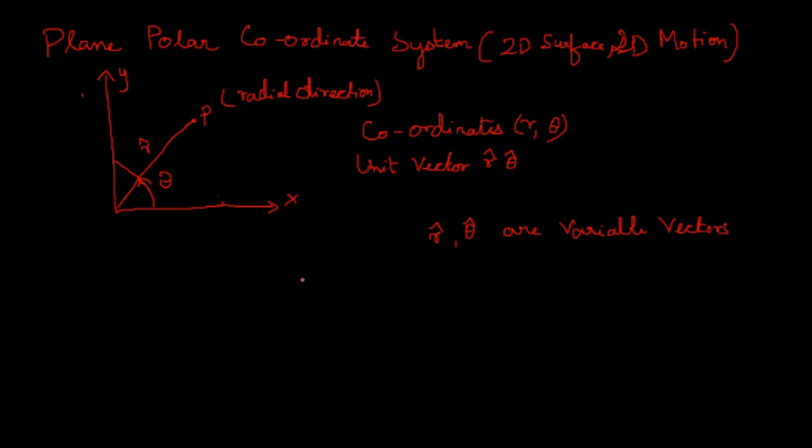So let us see how the acceleration and velocity terms in plane polar coordinates are going to come. So let me take two axes, x and y. Let me have a particle P over here.